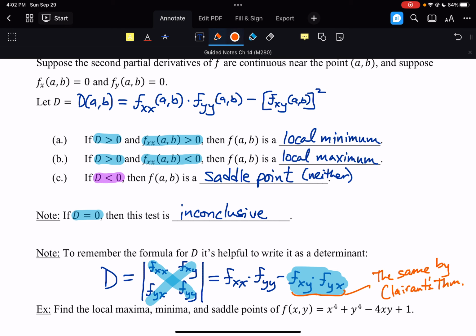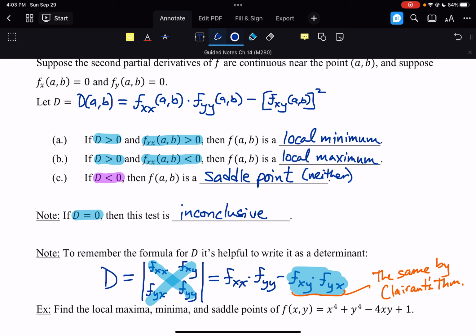So we're throwing it way back to earlier, several sections ago in this chapter, to Clairaut's theorem. This is why we have fxy squared instead of fxy times fyx, because they're going to be the same thing anyway. So it is unnecessary for us to find both, as long as the partial derivatives are continuous, which must be the case for this formula to work.